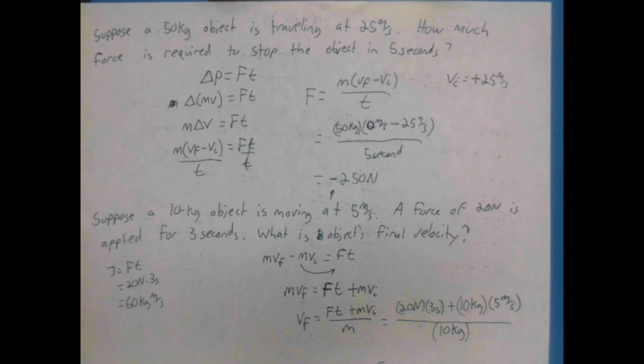So 20 times 3 plus 10 times 5 is 110. Divide by 10 is 11. So 11 meters per second is the final velocity. So it goes from 5 meters per second to 11 meters per second.